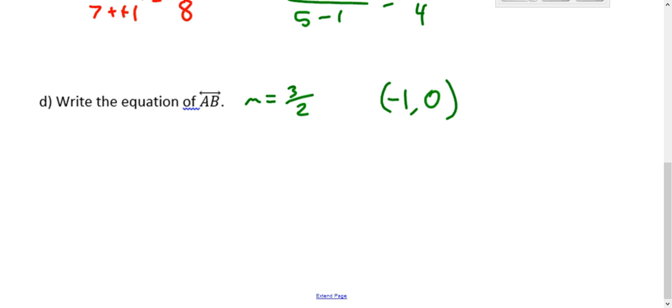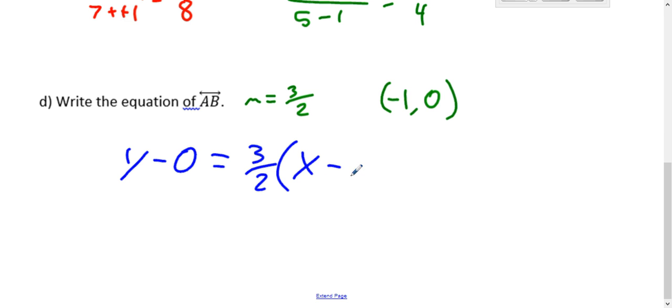And we will write the equation that has that slope passing through negative 1, 0. We do y minus the y coordinate equals m times x minus the x coordinate. Minus negative turns to plus, and distribute, and we have our equation.